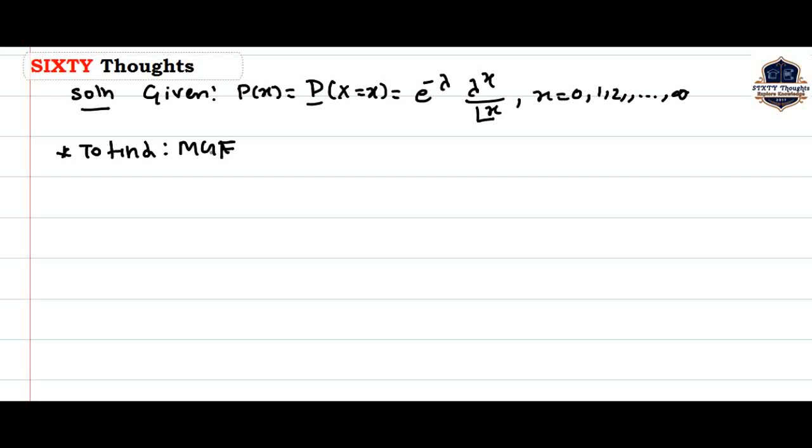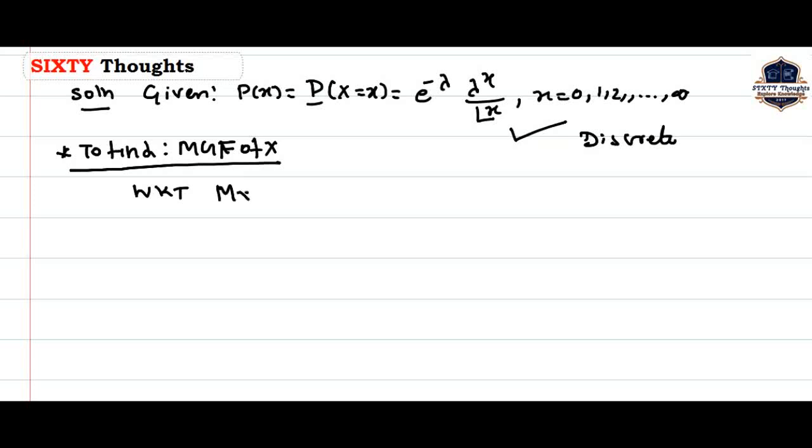The moment generating function is of capital X, which is a Poisson random variable. We know that the given distribution is always a discrete distribution. So what is the MGF formula?